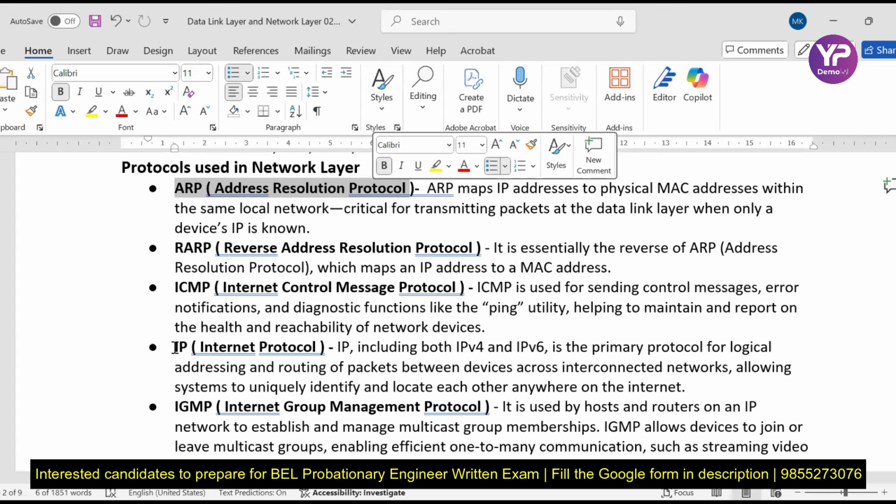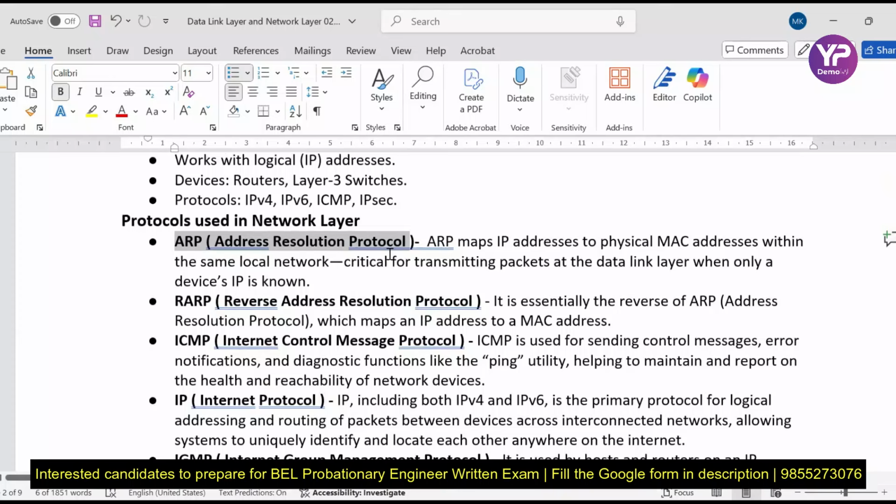IGMP no one will ask you, but it is a key point. ARP, Address Resolution Protocol: ARP maps an IP address to a physical MAC address.